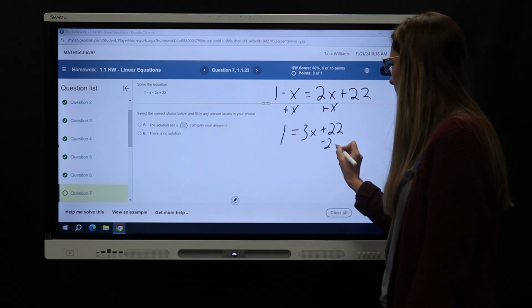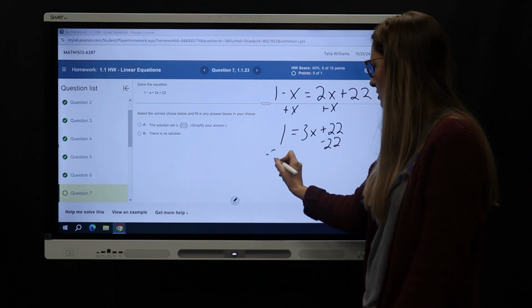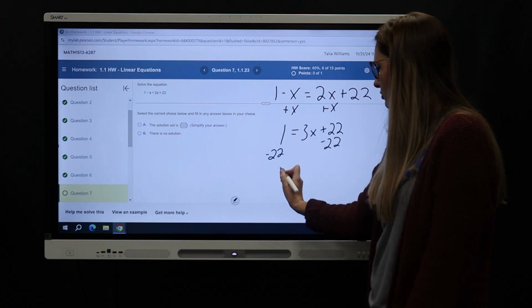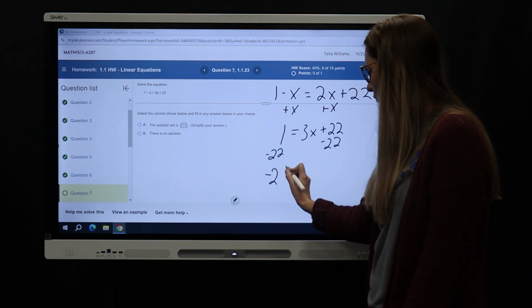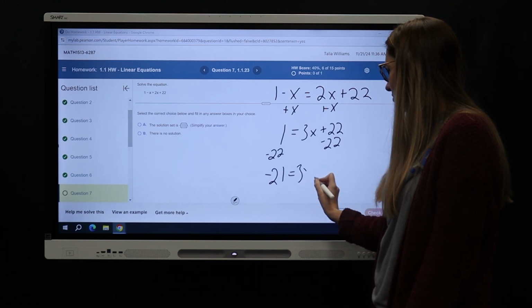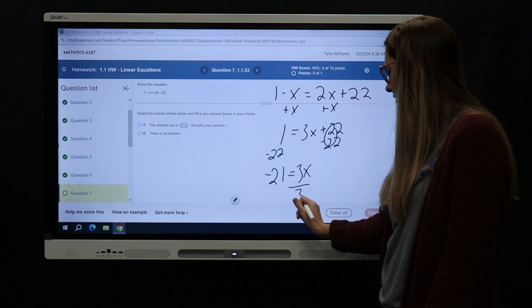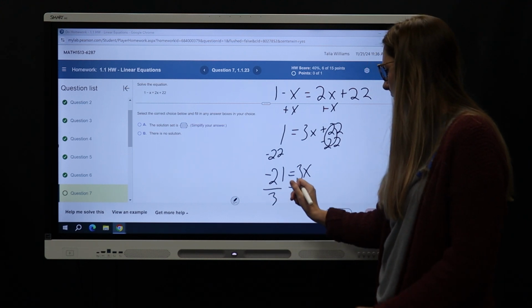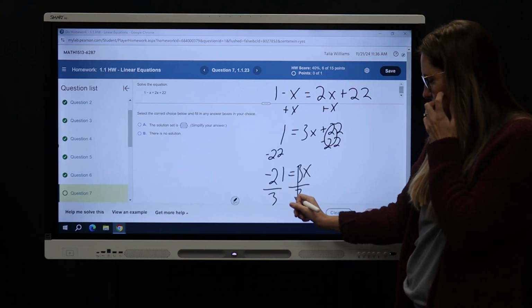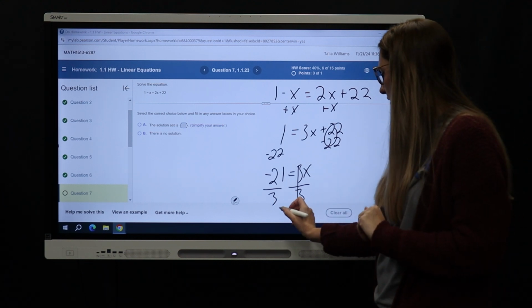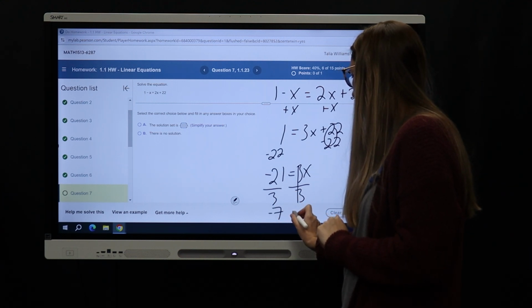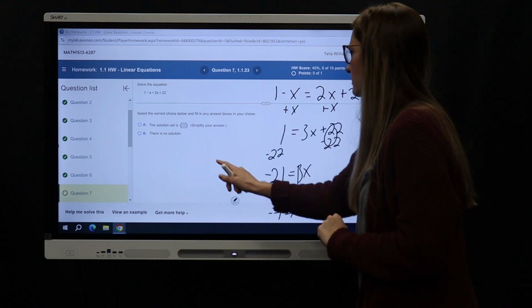So we're going to subtract because that's the opposite of addition. 1 subtract 22 is going to give us negative 21 equals 3x. Divide by 3. Anything divided by itself is 1. Negative 21 divided by 3 is going to be negative 7 equals x.